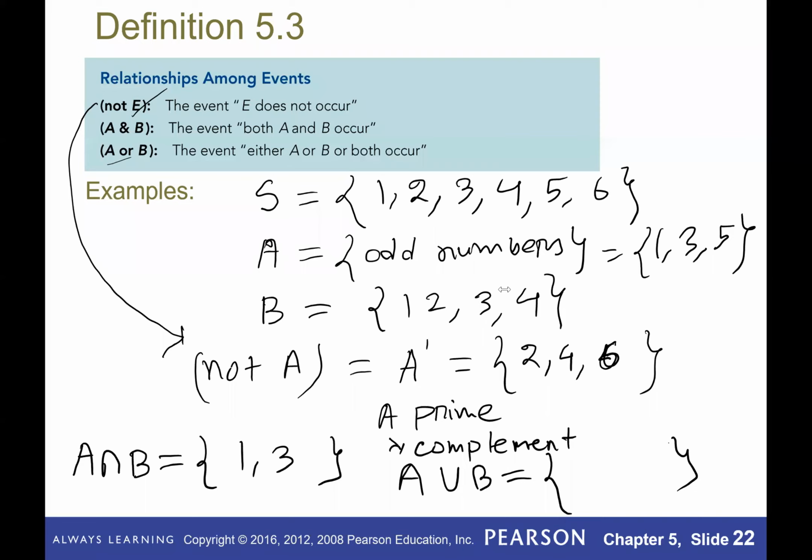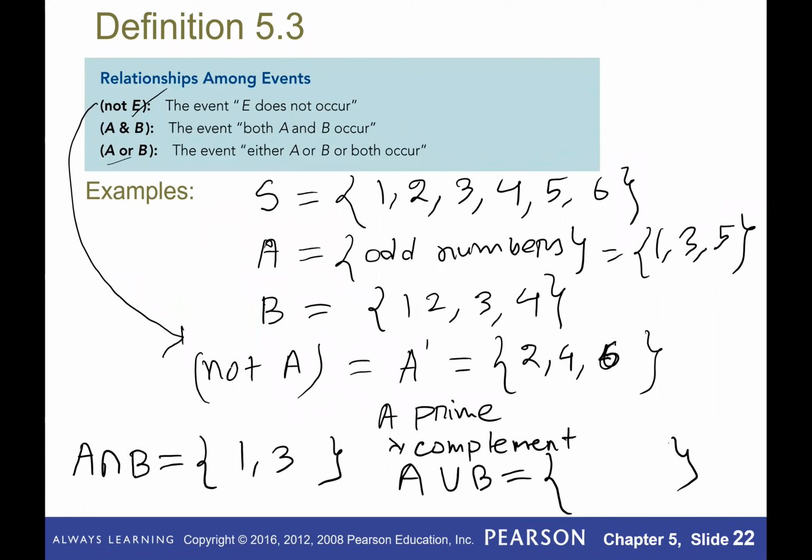Okay, so look at A and B. A is 1, 3, 5 and B is 1, 2, 3, 4.